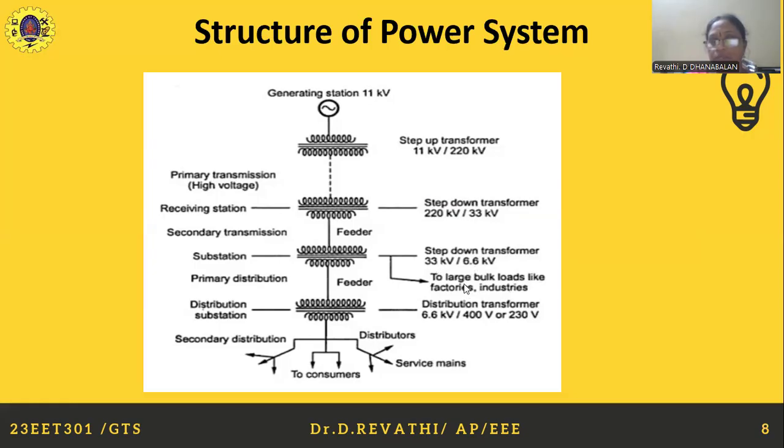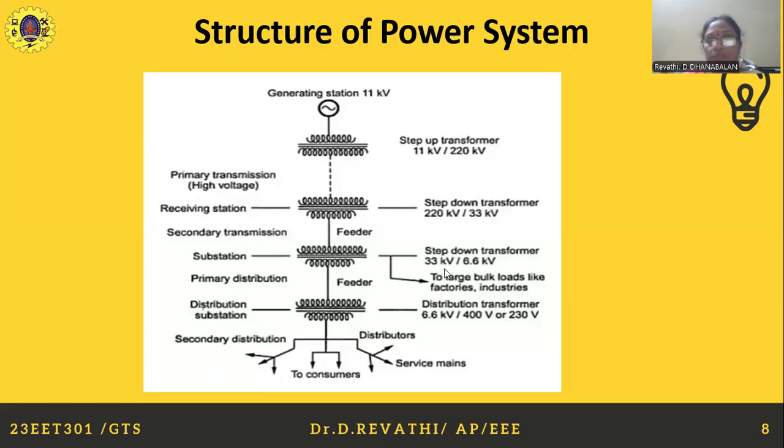For that, we reduce the voltage through the step down transformer. For the distribution also, we use a step down transformer, that is, 400 volts and then 230 volts. And finally, we reach the end users, the consumers, through service mains and then secondary distribution systems. This we call the distribution system.